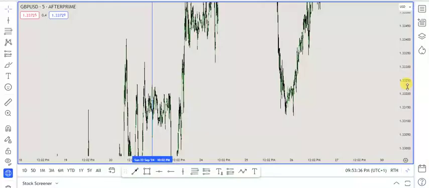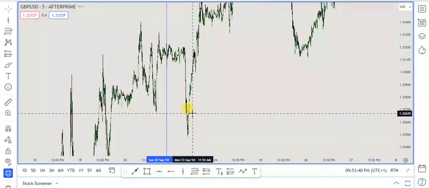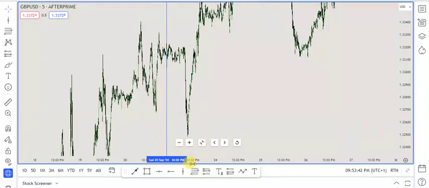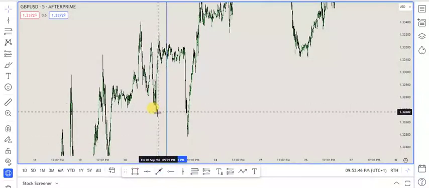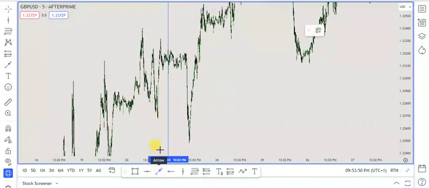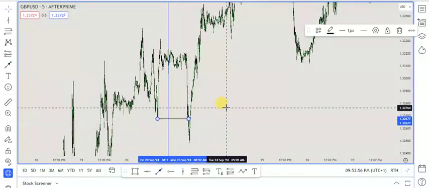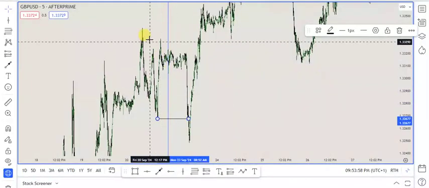For GU. See the previous week low. This was the previous week low. It was taken. Price took it. We are just following price action, right? Price took the low at the highest point.